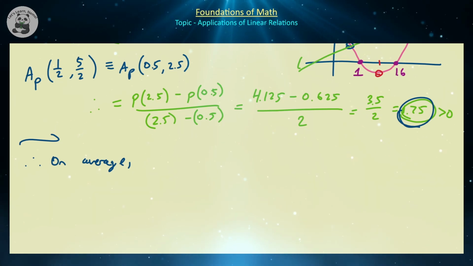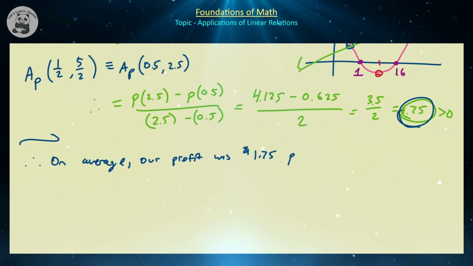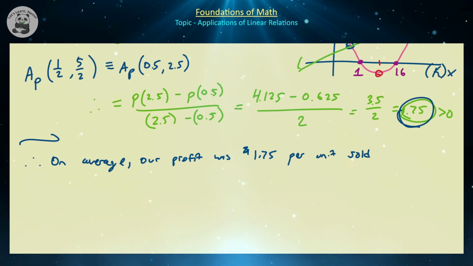So on average, our profit was $1.75 per unit sold, or per 1,000 units sold if, for example, this is in thousands of units of x.